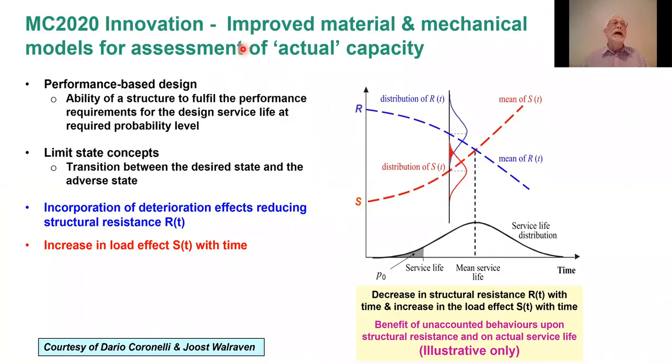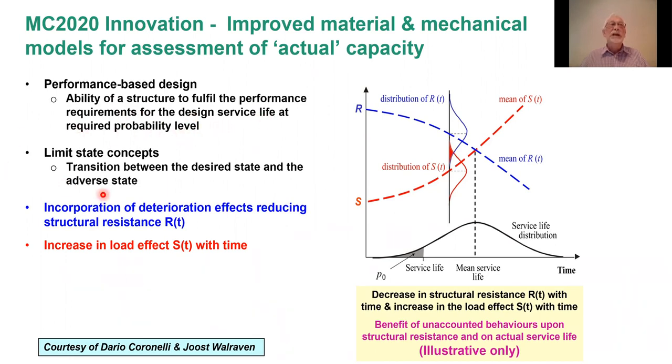And looking at this in regard to seeking models that would be better at giving the actual capacity of an existing structure, the approach is based upon performance design. So it looks at the ability of the structure to fulfill the performance requirements for the design service life at the required probability level.